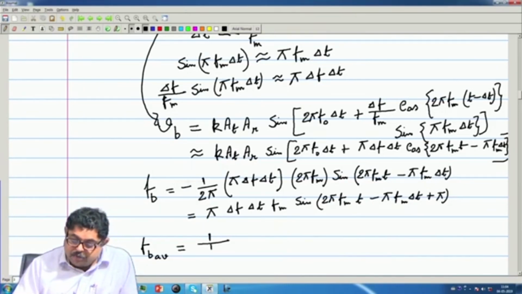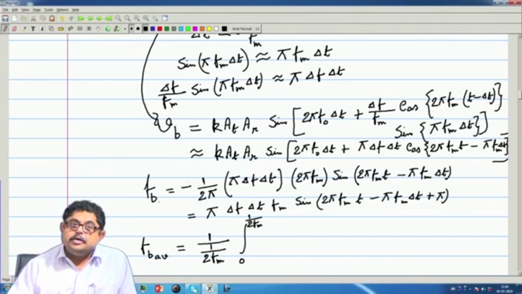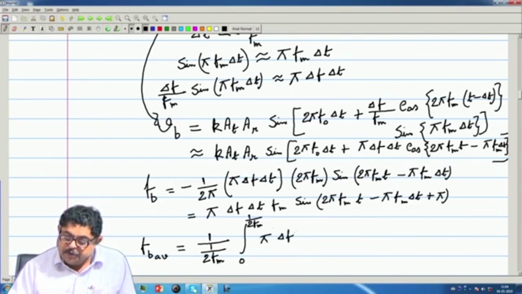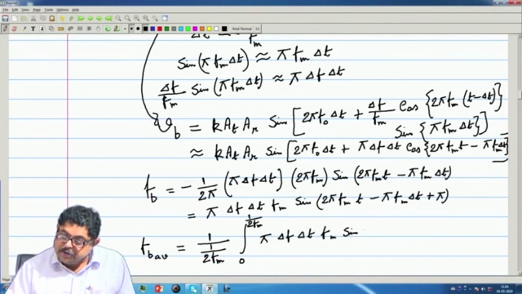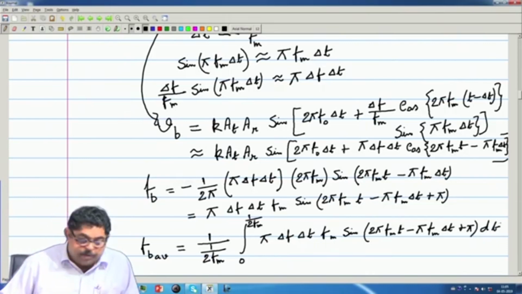That means 1 by 2f_m, then 0 to 1 by 2f_m, then f_b dt. So, π Δf Δt f_m sin 2π f_m t minus π f_m Δt plus π dt. This will be my average thing.